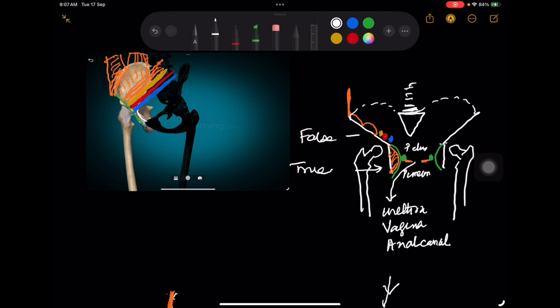So basic function of the pelvis is that it is suspended by the abdominal muscles. It has a true pelvis and the false pelvis part divided by the medial border of the pelvis or the pelvic rim. The false pelvis is less oblique, the true pelvis is more vertical.